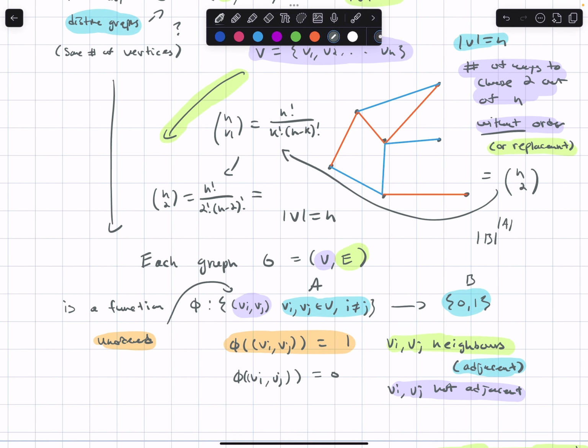And you can cancel the factorials and wind up with n times n minus 1 over 2. Because that n factorial is n times n minus 1 times n minus 2 all the way down to 1, and the n minus 2 factorial is n minus 2 times n minus 3 all the way down to 1. So it cancels with the n factorial, and you're just left with n times n minus 1 over 2.